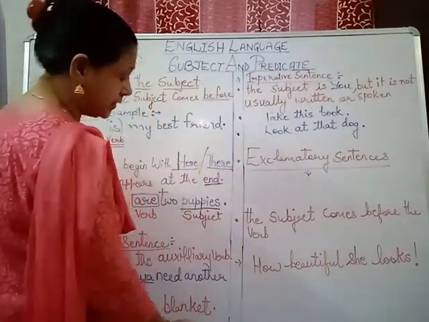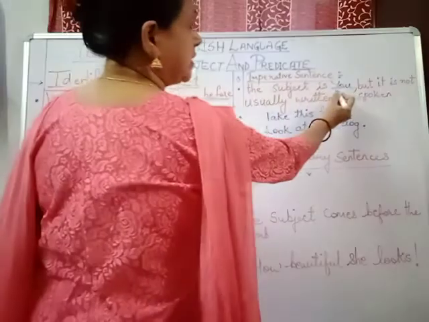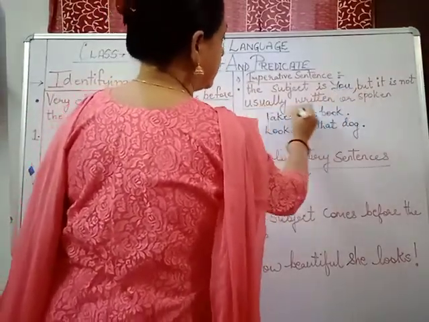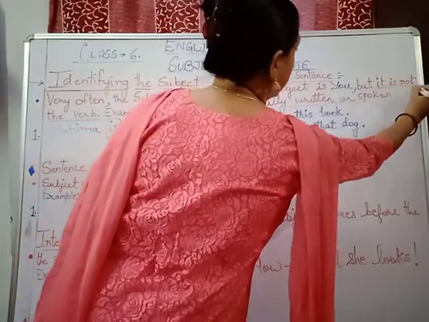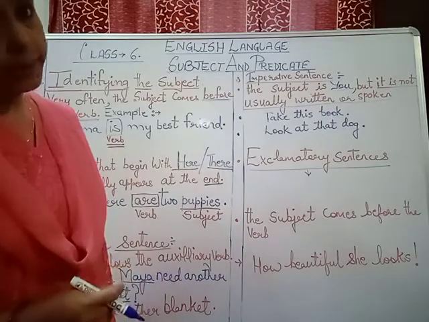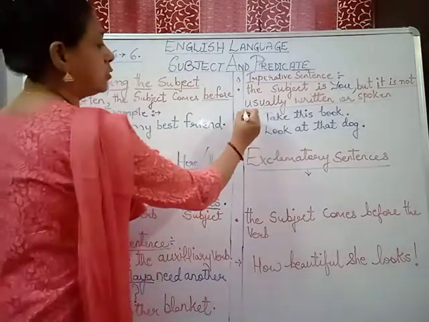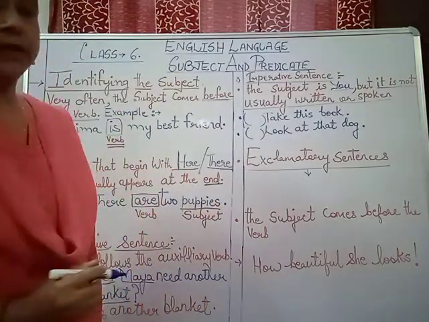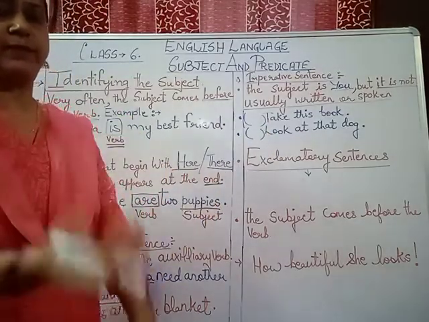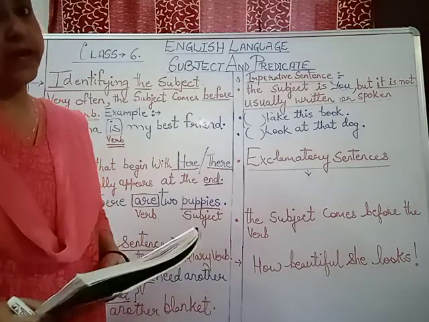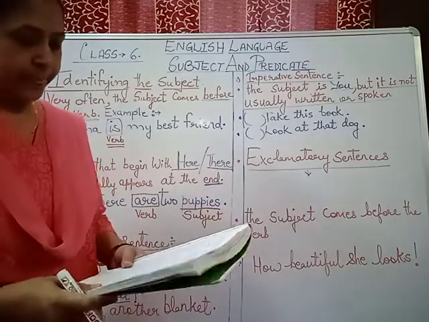The subject "you" is usually not written or spoken. Look at that dog. When the person is there, we will not say "you." We will say, "Look at the dog."